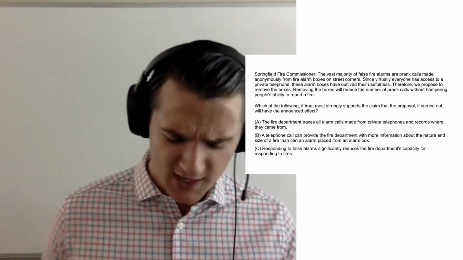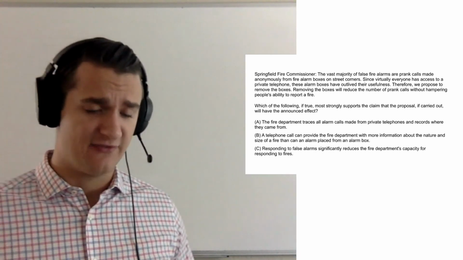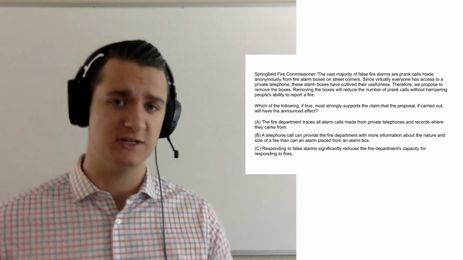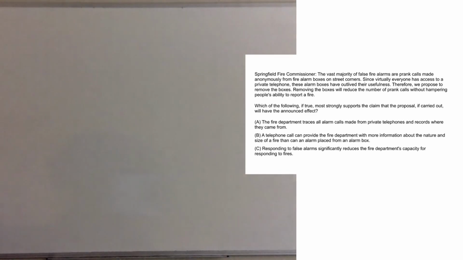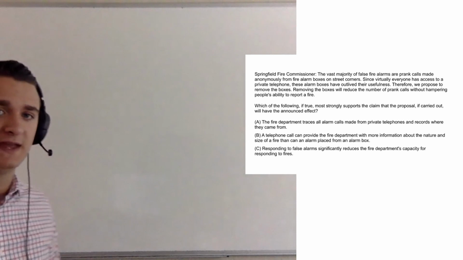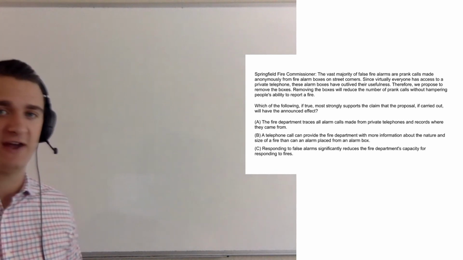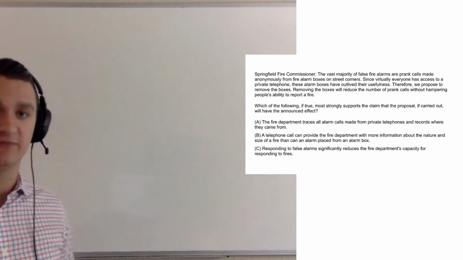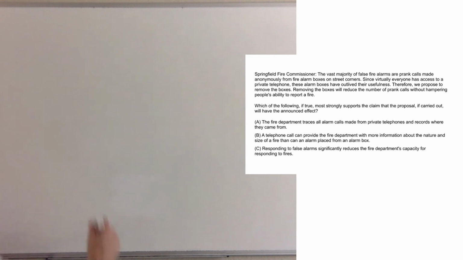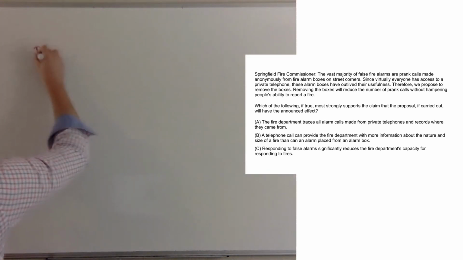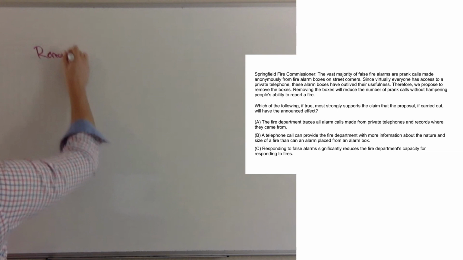Now, first, I want to identify what the heart of this passage is. The heart of this passage, which is really a conclusion, the conclusion that the Springfield Fire Commissioner comes to, is found in the last sentence. I'll go ahead and write this up here.